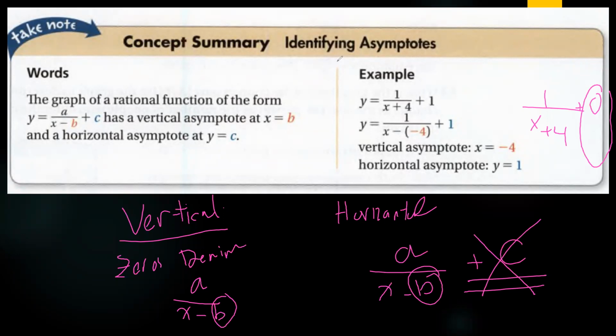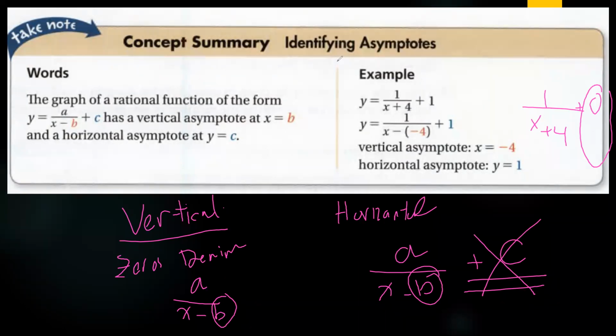So from the equation of the rational function, I can know the horizontal asymptote and the vertical asymptote, and from the value of k, I can know if it is in the first and third quadrants if k is greater than 0, and in the second or fourth quadrants if k is less than 0.